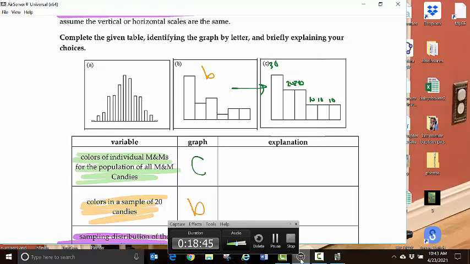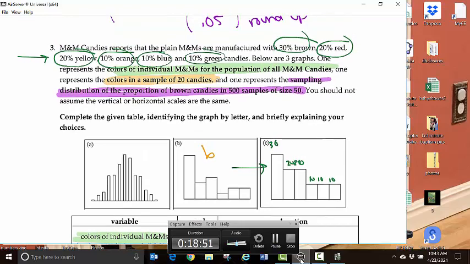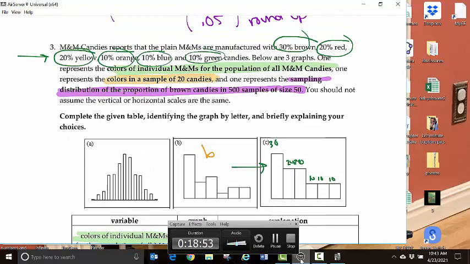Now, A is what they're really trying to get to. I knew A immediately when they said the proportion of one color with a sample of 500. Why did I know that the purple one was going to be A? N is over 30.